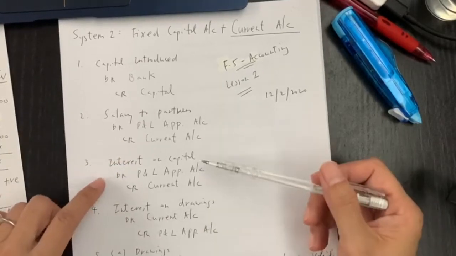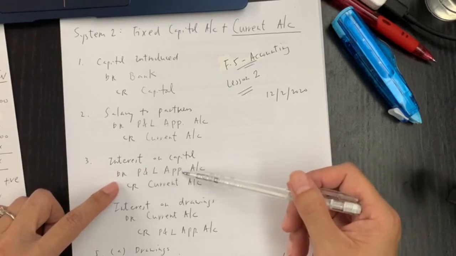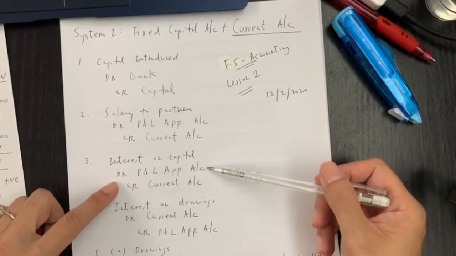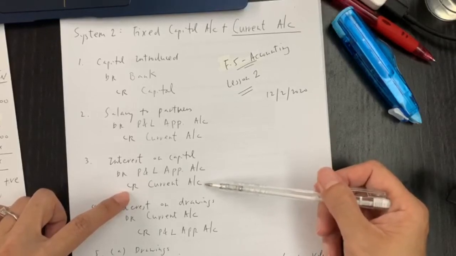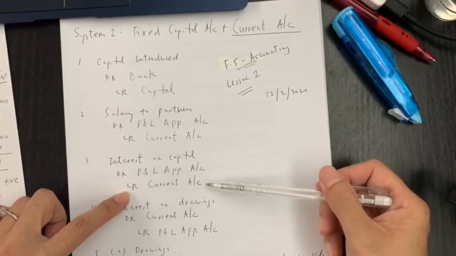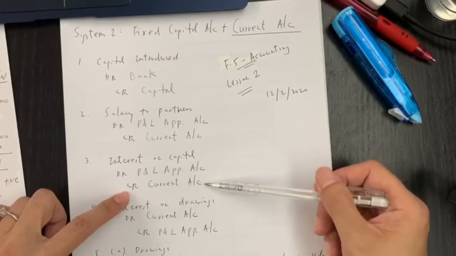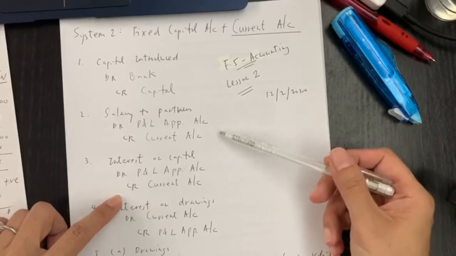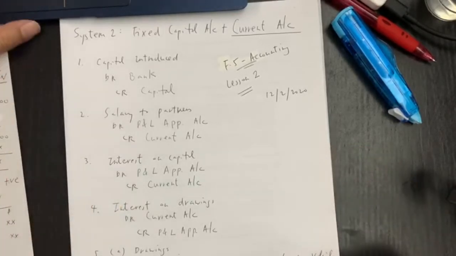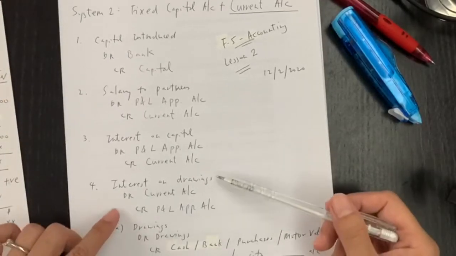Okay, so next we have interest on capital. So therefore debit profit and loss appropriation account means the firm has to pay, and then who will earn this? The partners will earn this. Again, since we don't want to bother the capital account, we use current account. All right. So you can see these two double entries are exactly the same. Okay, and then the next thing, we have interest on drawings.